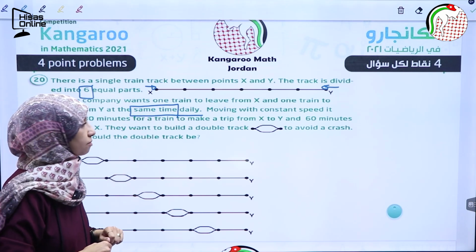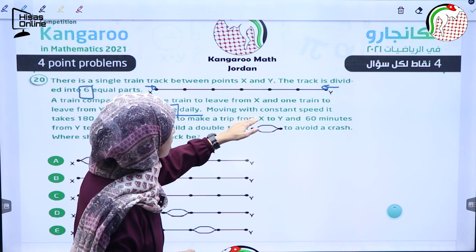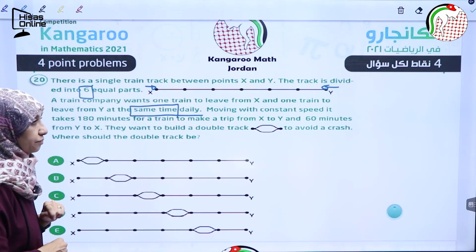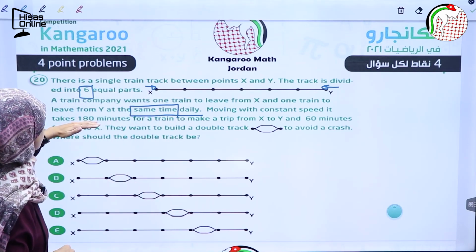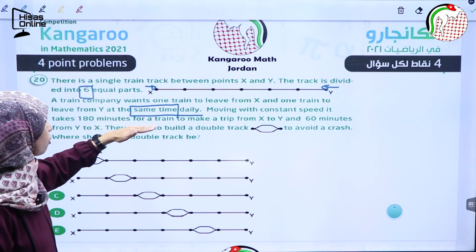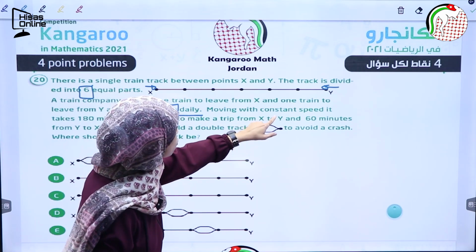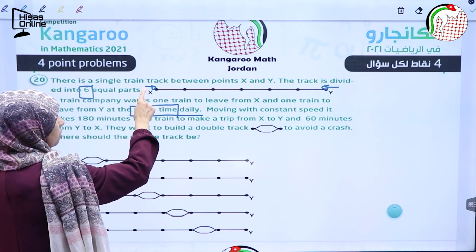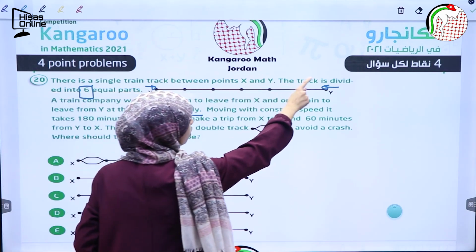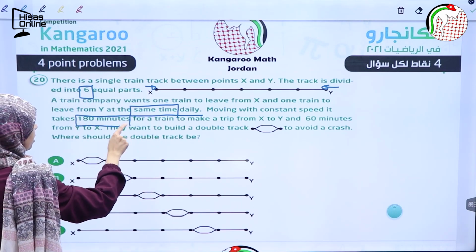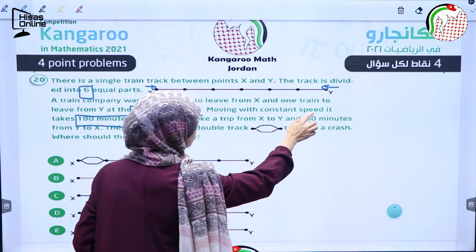Now, moving with constant speed, it takes 180 minutes for a train to make a trip from X to Y. So the train moving from X to Y will take 180 minutes with a constant speed.